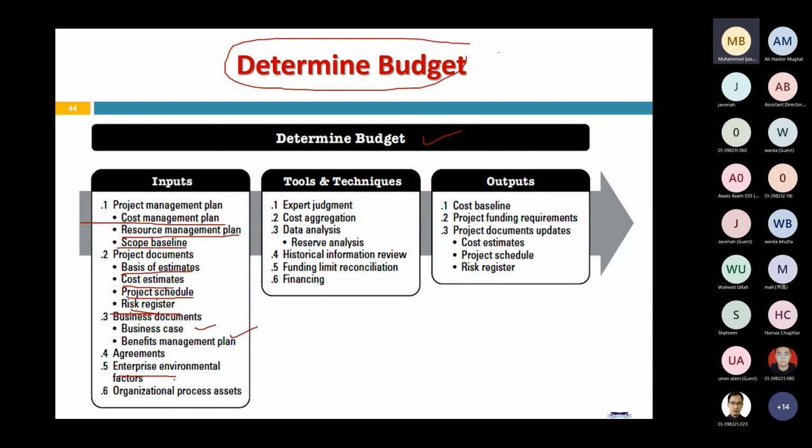And finally, we considered EEFs and OPAs. And then we applied our expert judgment, cost aggregation, reserve analysis, historical information review, funding limit reconciliation, and financing. And finally, we got a cost baseline, project funding requirements, the periodic requirements, and the total requirements, as well as some document updates.